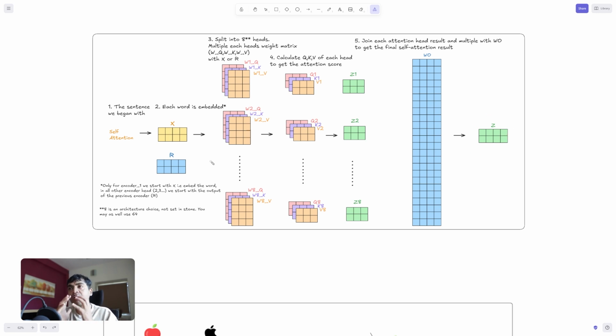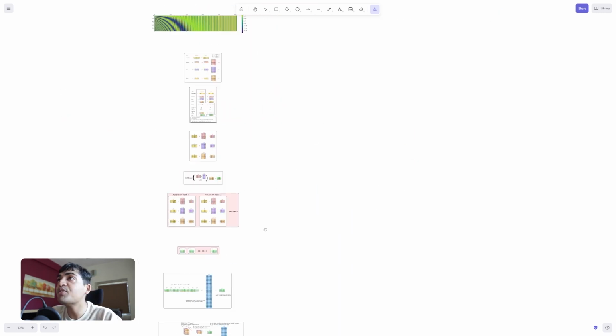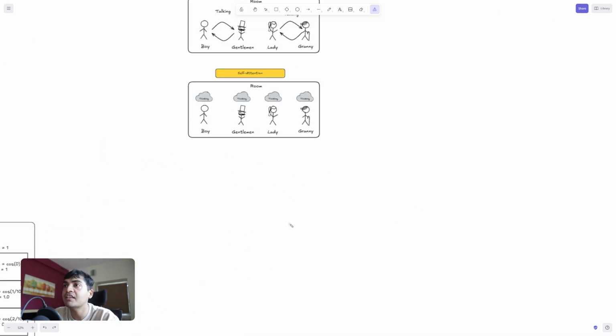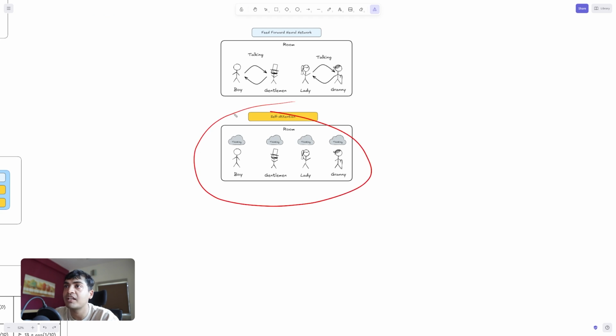Now, a thing that I had a lot of trouble understanding was, why do we have so many attention heads, right? Why can't we just have one single attention head, or two attention heads? Why do we need so many? You can think of each attention head as representing this room, each with a different orientation of the room.